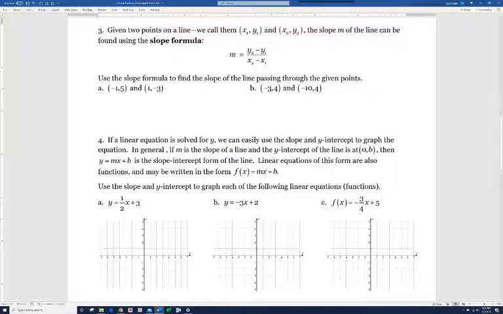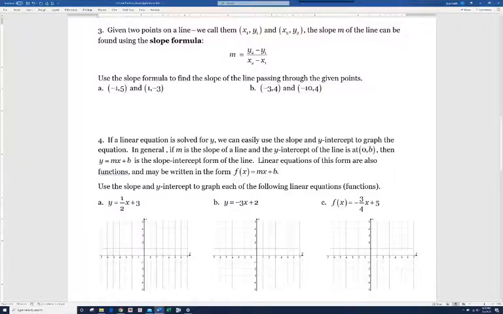Okay, so on number 3, it says given 2 points on a line, we call them x sub 1, y sub 1, and x sub 2, y sub 2. The slope m of the line can be found using the slope formula. And so m is equal to y sub 2 minus y sub 1 over x sub 2 minus x sub 1.